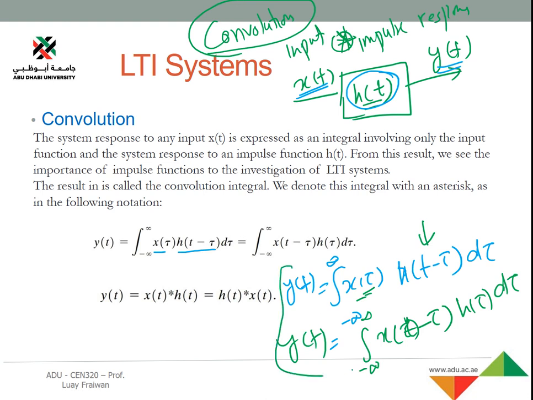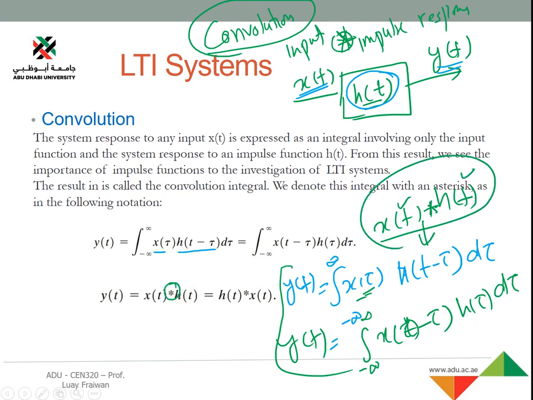This is the integral form, or we can represent it as the convolution between the input and the impulse response, using this symbol.